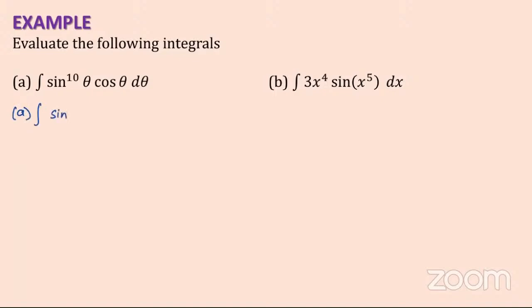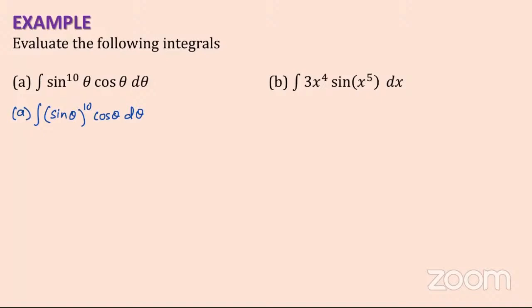Sine raised to 10 theta, I can write as sine theta raised to 10 times cosine theta d theta. Sine to the power 10, I can write like this: sine theta to the power 10 multiplied by cosine theta d theta. Because if I do that, what I can see is this is the product of a composite function and its derivative.